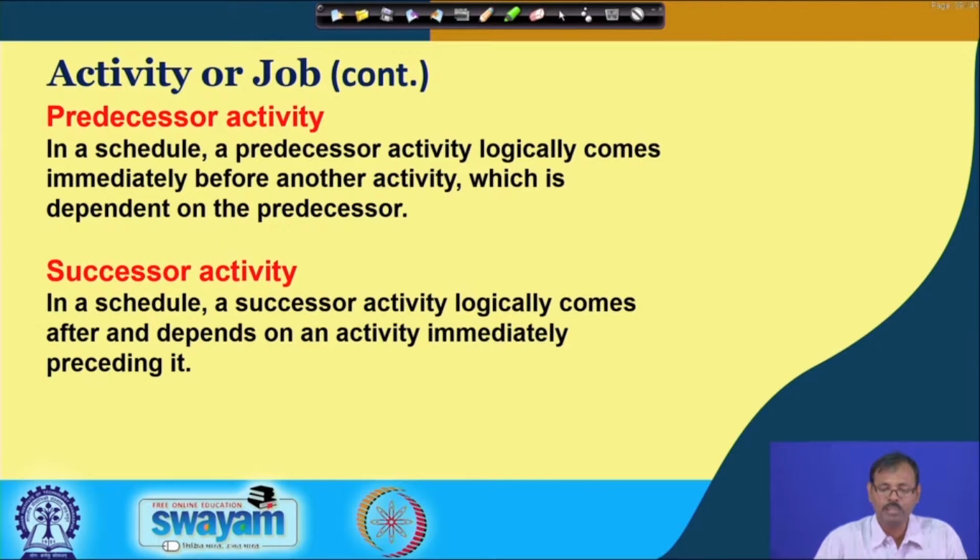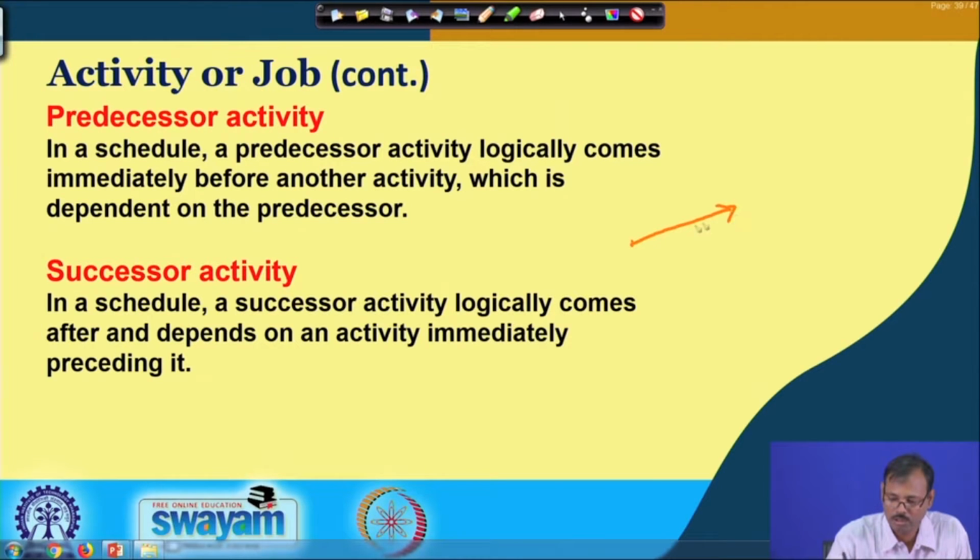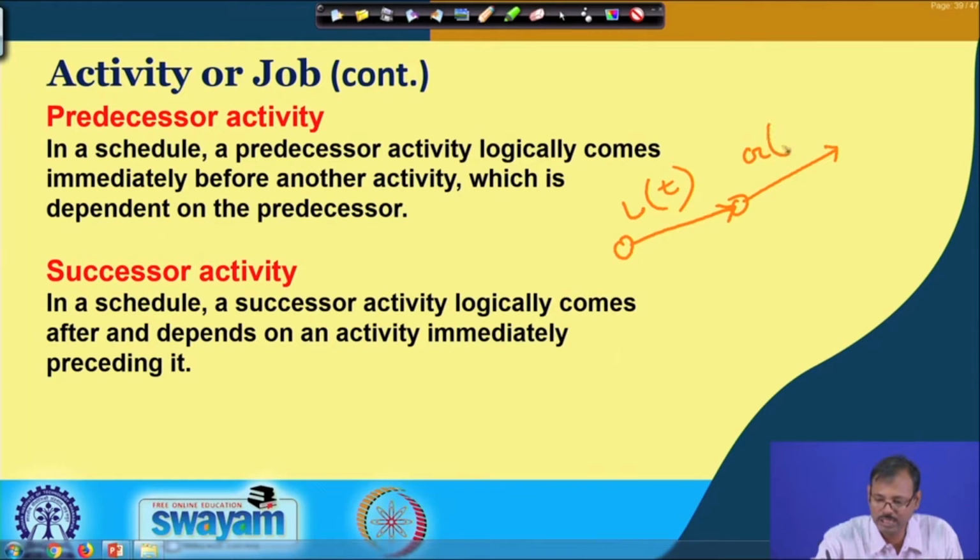So, this is lead manufacturing, which takes T time, and this is grooving the lead inside the wooden piece.